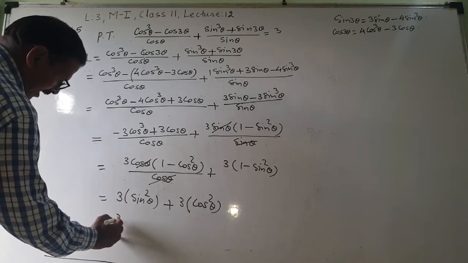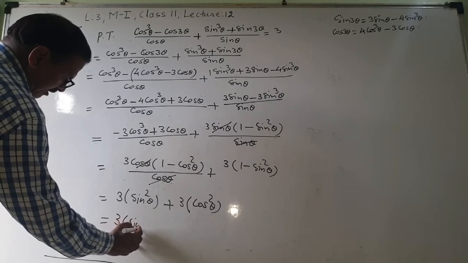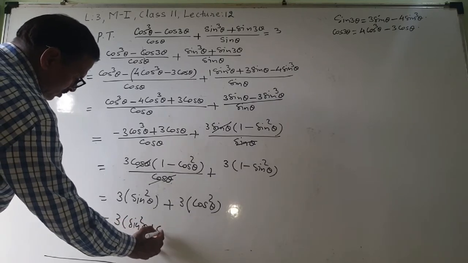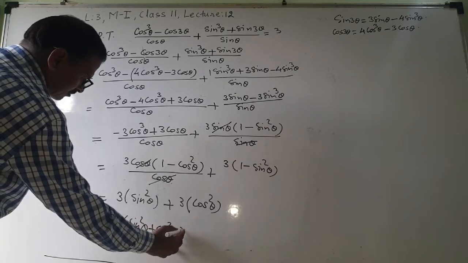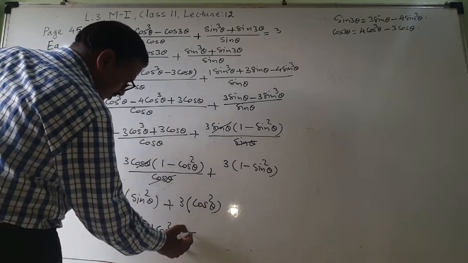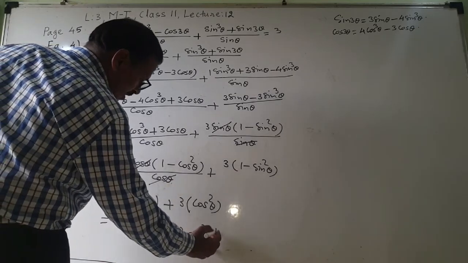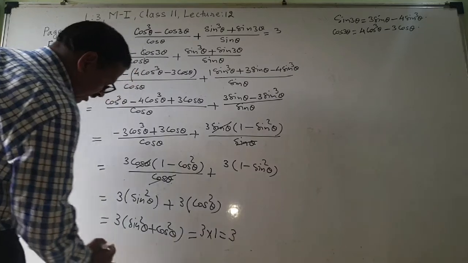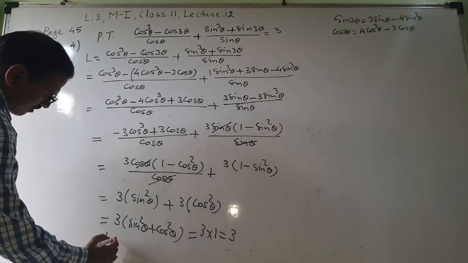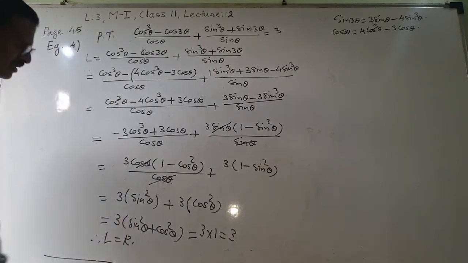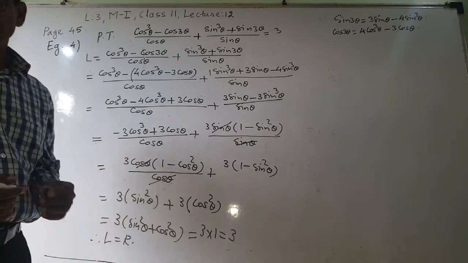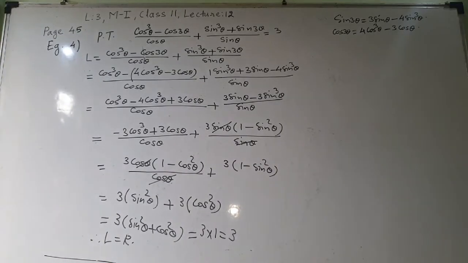So 3 into bracket sin square theta plus cos square theta, and that is equal to 3 into 1, and that is equal to 3. Therefore LHS equal to RHS, and hence the proof. Hope that you have understood this. So take a screenshot if you need.